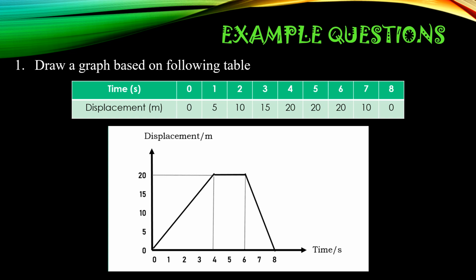So first, mark each coordinates. Time from 0 to 8 and displacement from 0 to 20. And then by considering displacement at each second, you have to mark the points and match them. Then you will get the relevant graph.